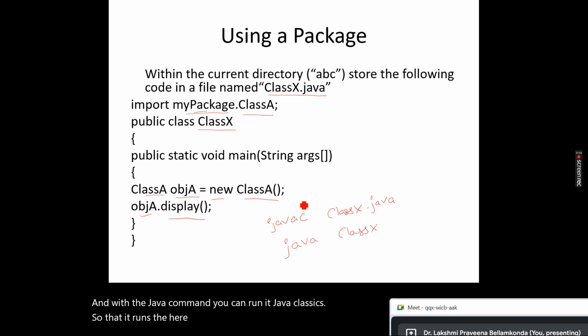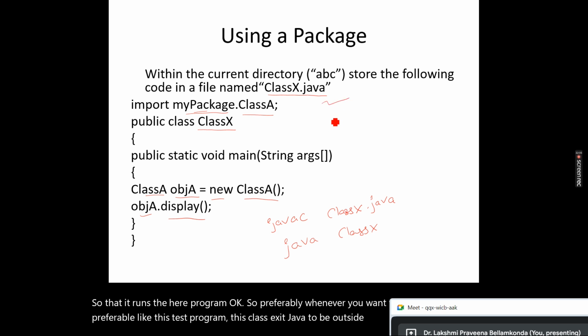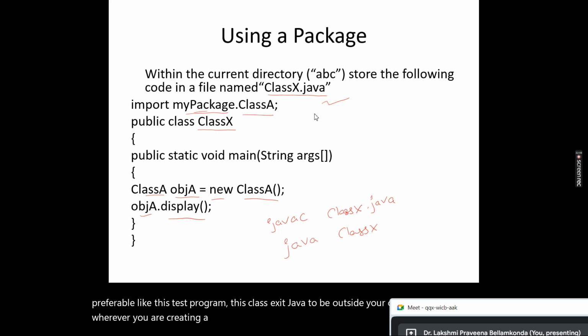So preferably, whenever you want to test packages, this test program, class x.java, should be outside your current folder. Wherever you are creating a package, within that you can test but it doesn't show any difference.